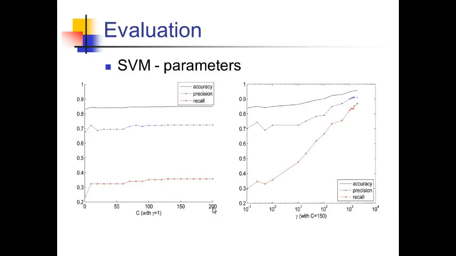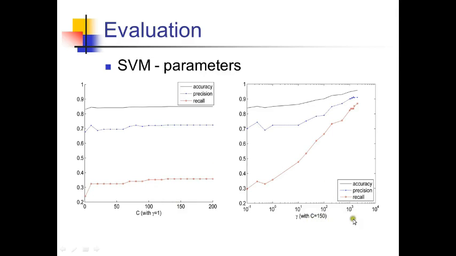And we talked about it earlier that SVM has two parameters, that is the constant C and the constant gamma in the kernel function. We can see that the parameter C has little impact on the performance of the SVM.